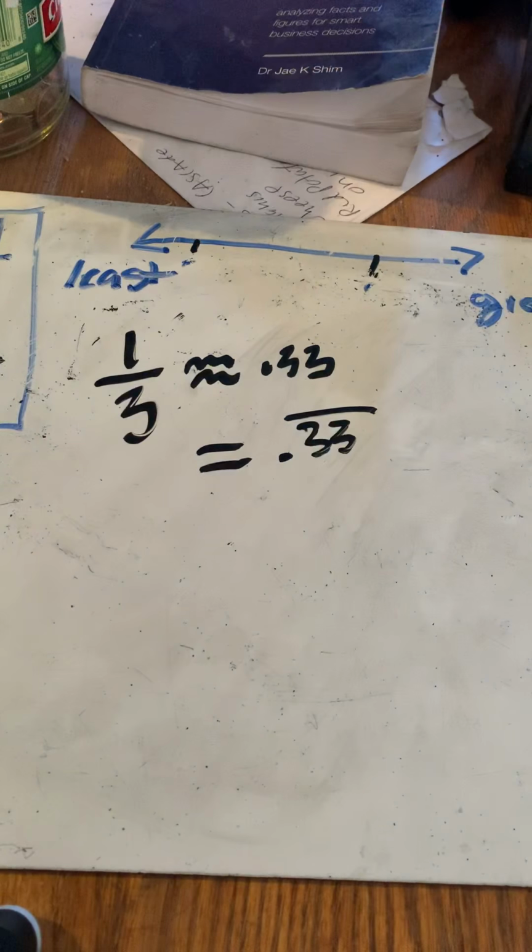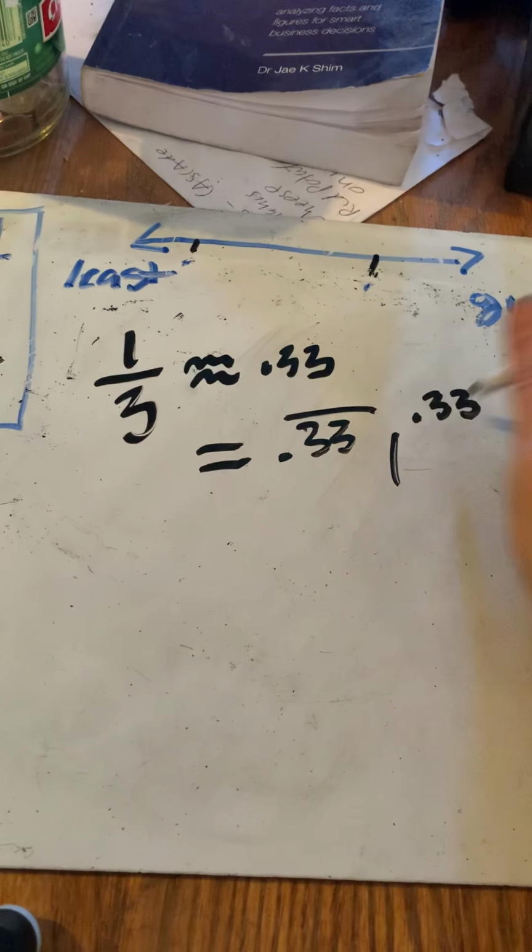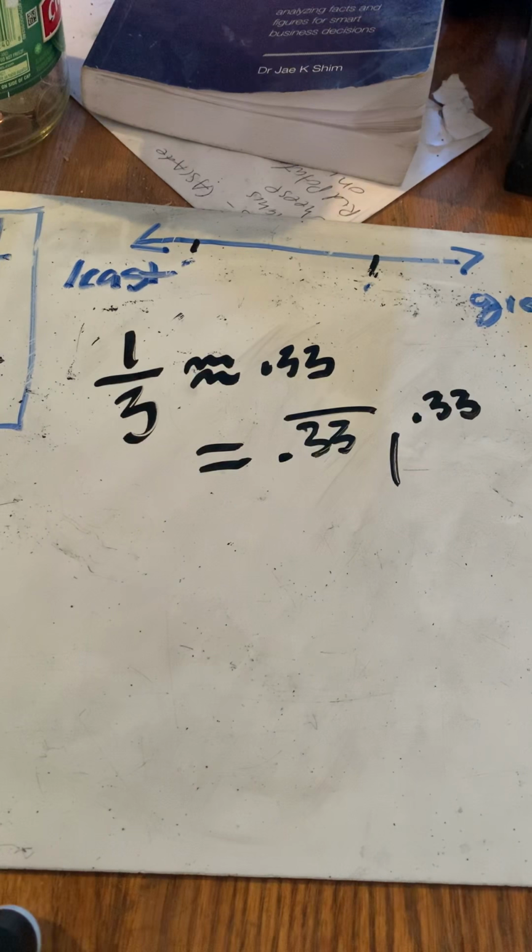So which one's bigger though? Because you could have a terminating decimal of just 0.33. There's some set of integers that when you divide them, you just get 0.33. It's not 1 and 3, however.